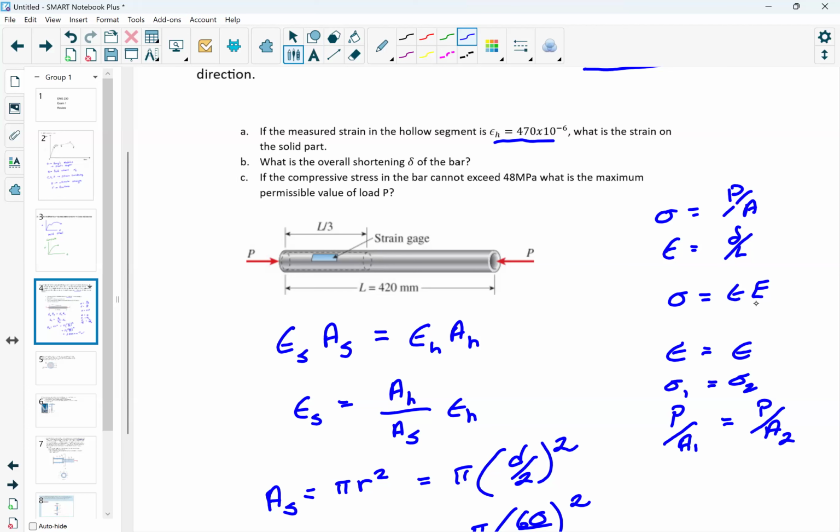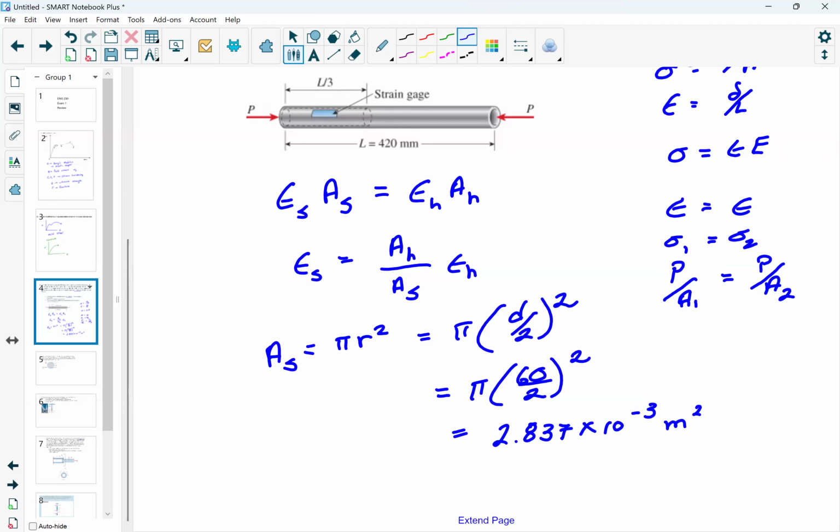The other way, we also have the fact that the epsilon E, so the strain has to be consistent across the bar, do you agree, Tyler? Yeah. It's just a little uncomfortable wrapping my head around it, but it makes sense. Okay.